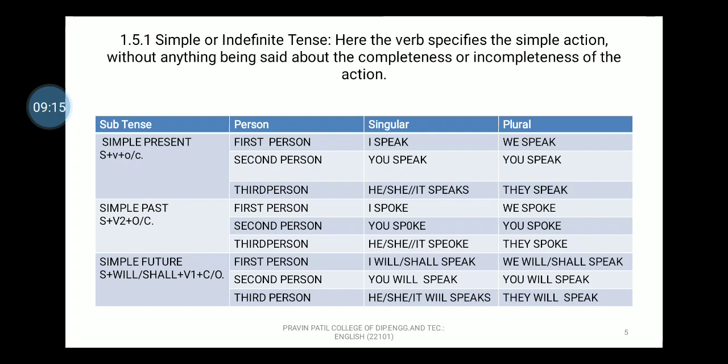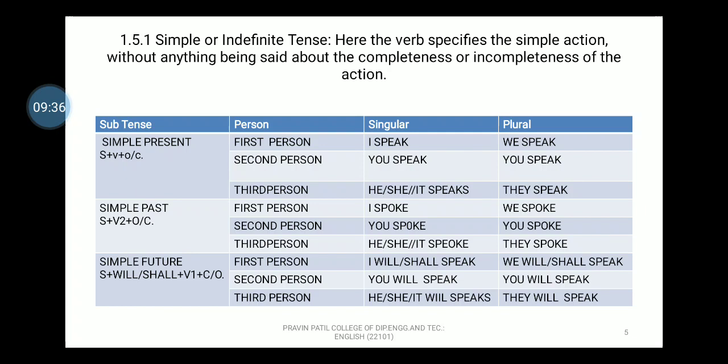Here the verb specifies a simple action, without saying anything about the completeness or incompleteness of the action. It denotes just a simple action. It does not indicate that the action is going on or already completed.